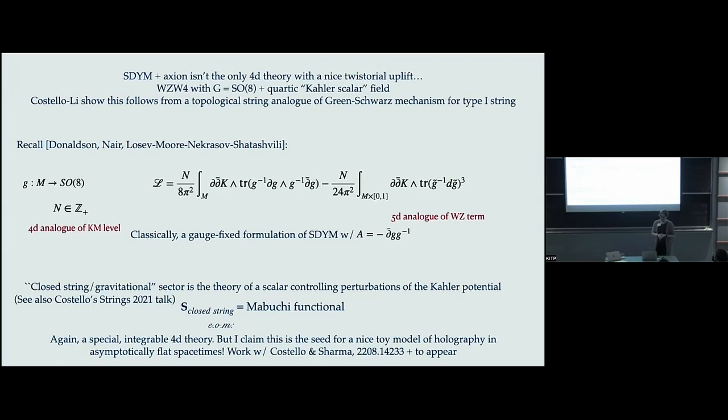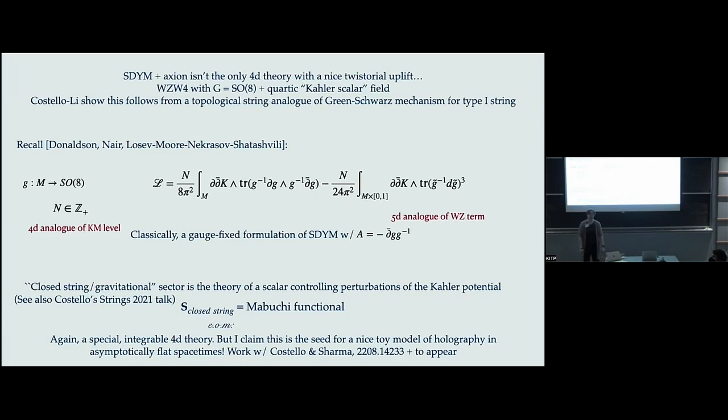The basic fluctuating field is like a 4D sigma model with maps into a certain target space. Here the target space is the group manifold of SO(8), and in general it can couple to the Kähler potential of a 4-dimensional background. And there's a WZ term, a 5-dimensional WZ term, and it works very similarly to the standard WZW model.